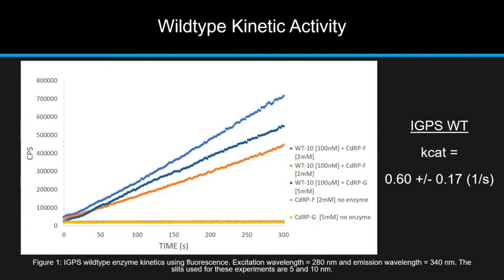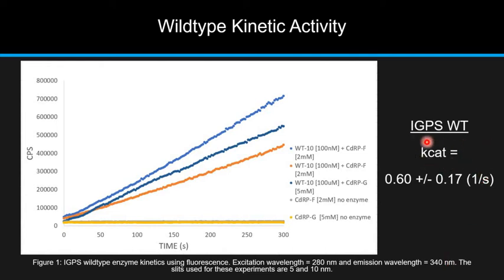When we add the wild type enzyme, over time, we see an increase in signal, which corresponds to the product formation. O'Shane Thomas, a member of a research group, characterized the wild type activity by calculating its kcat.